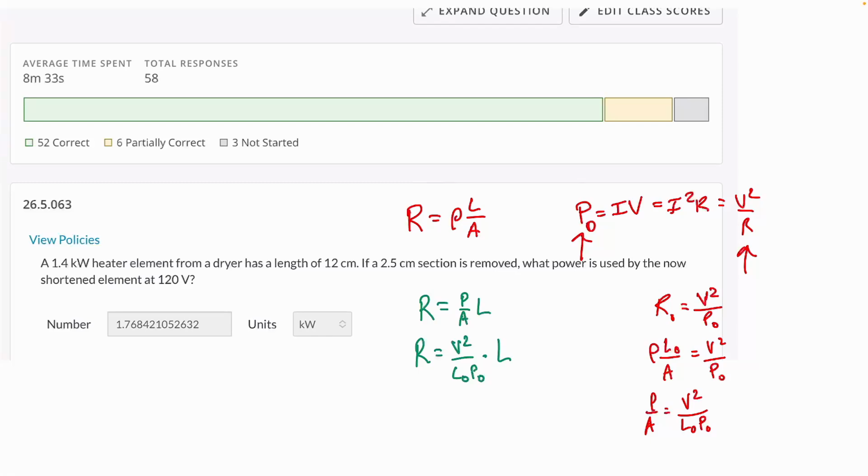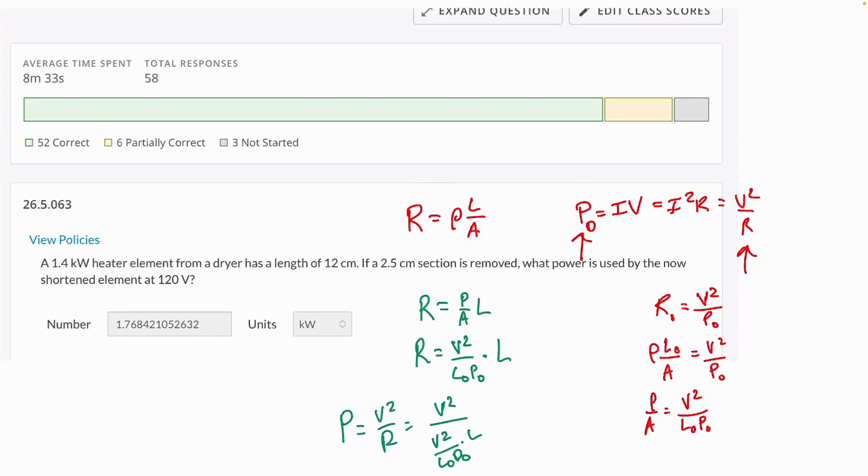So my new resistance is V squared over the original length, original power, times my new length. And then my power is equal to V squared over R. The V's never changed, all over my new R. My new R is V squared all over original length, power, times L. So something now cancels.